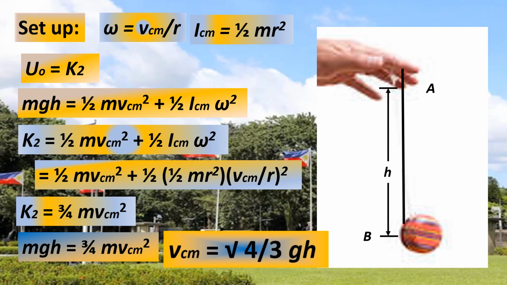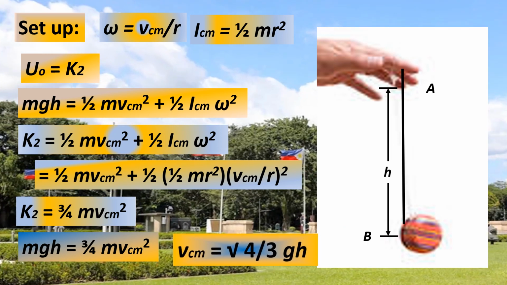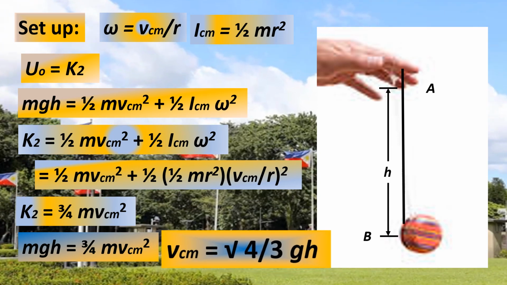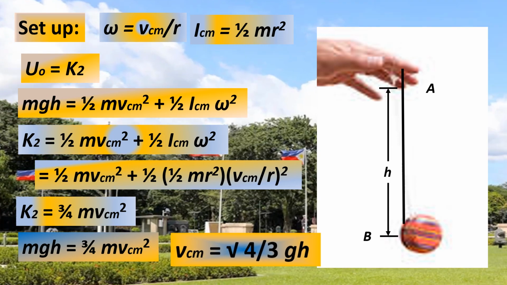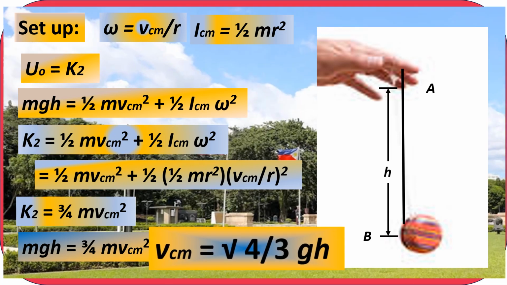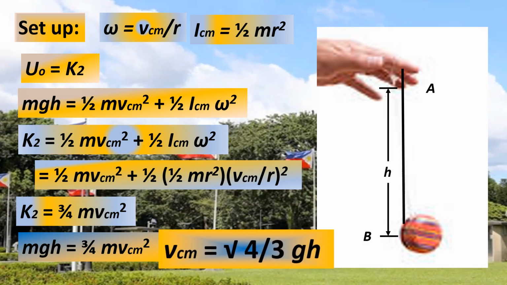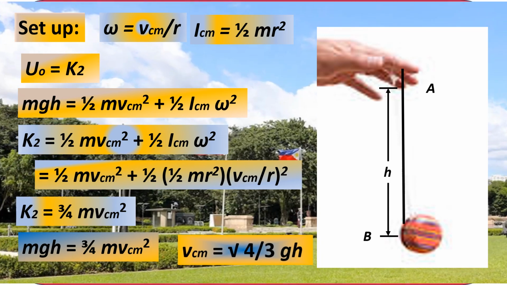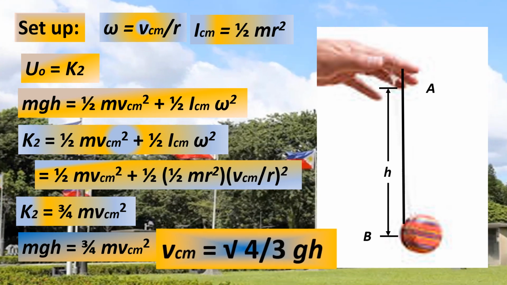If you recall, square root of 2gh is the final speed of any freely falling body starting from rest and falling through a height h. So in a short while, we will continue with our calculation for v sub cm.